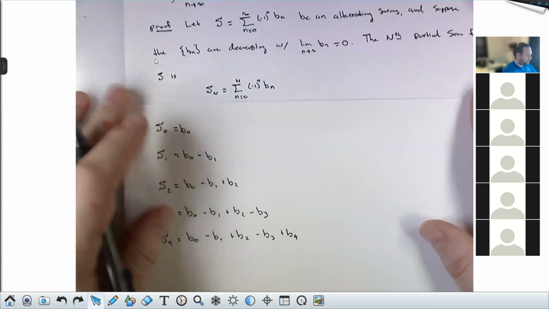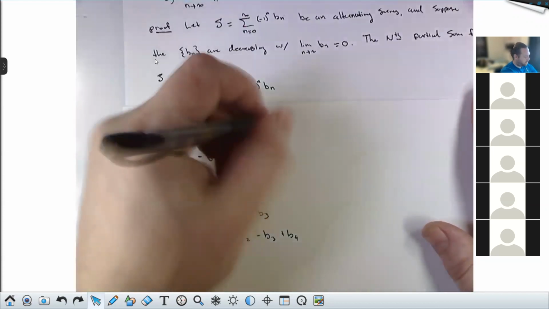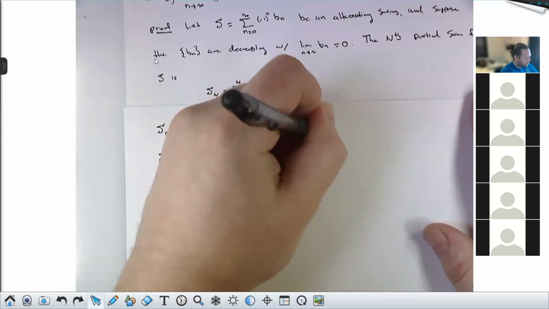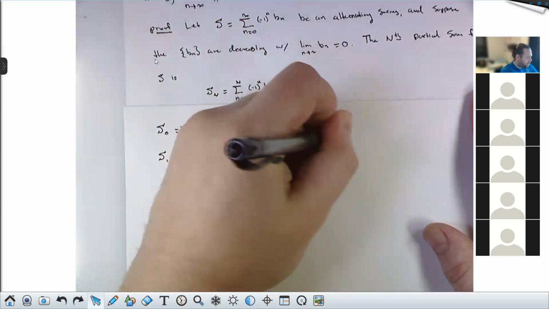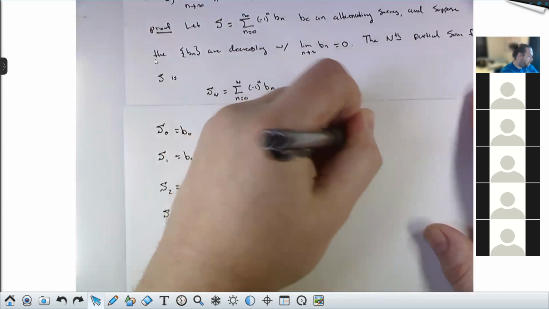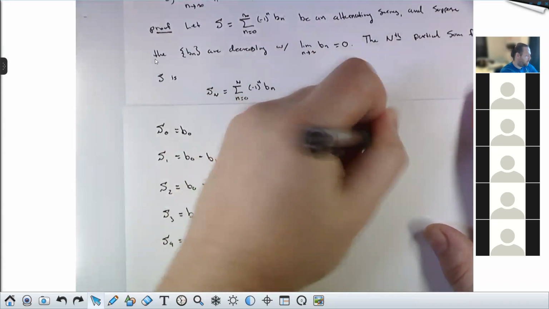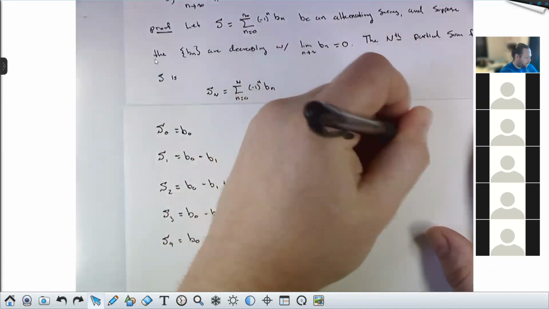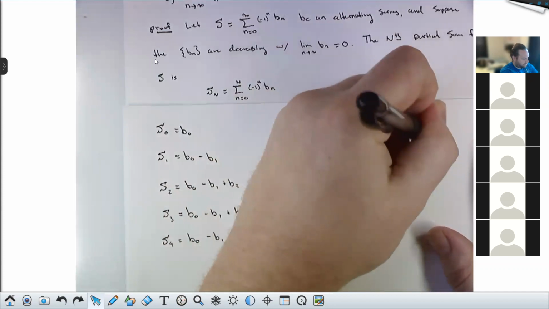What I'm going to do now is say that if the Bn's are decreasing, then B0 is bigger than B1, is bigger than B2, is bigger than B3, is bigger than B4, and so on.